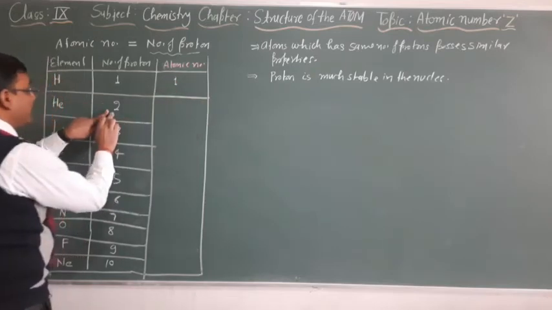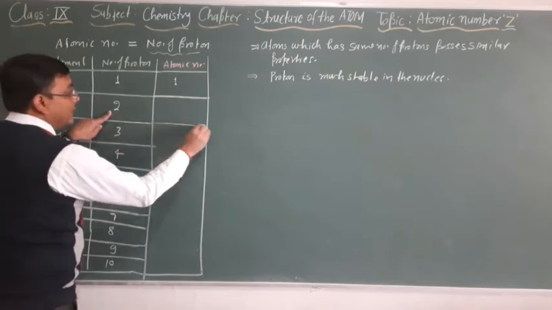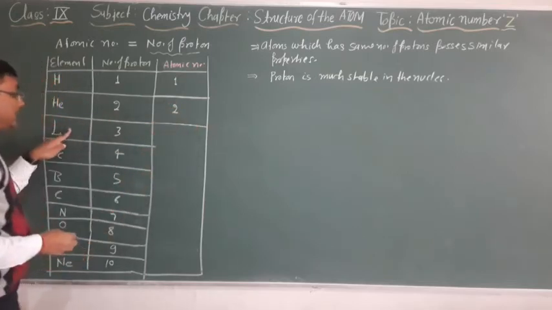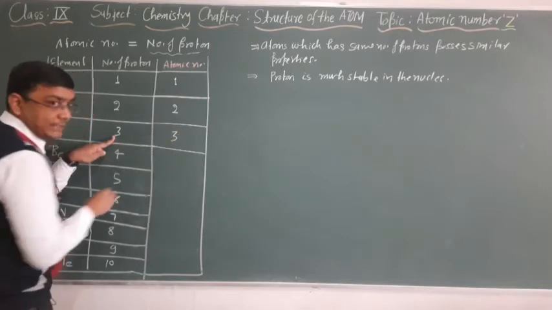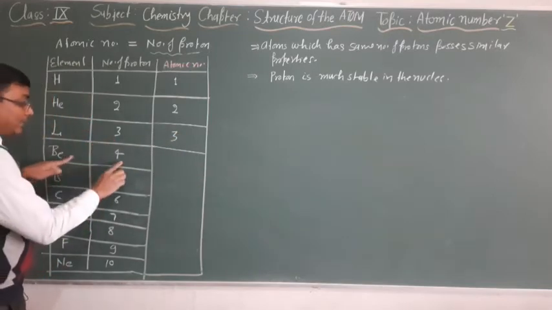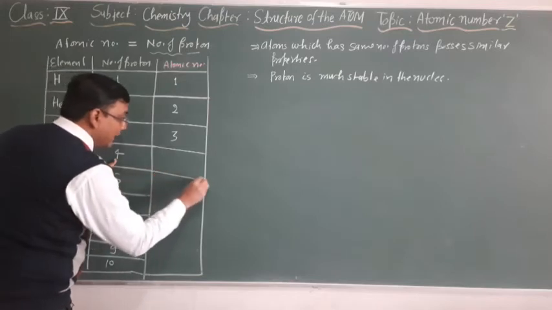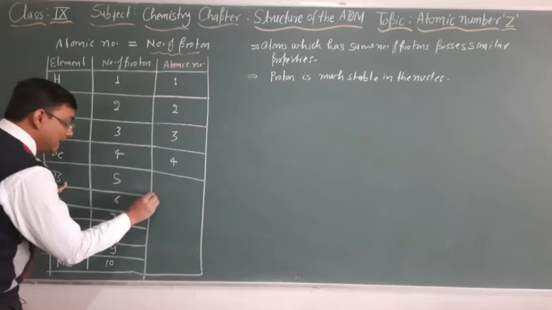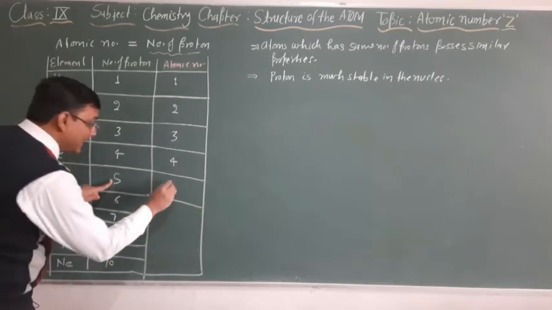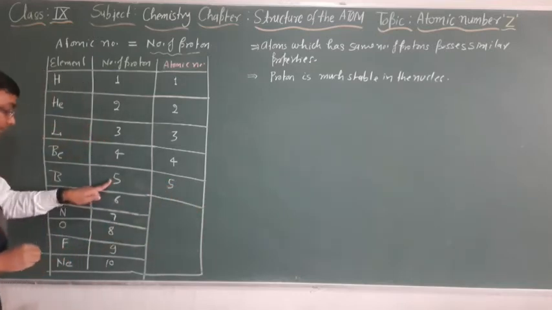Clear? Helium has number of protons 2, so I write 2. Lithium has number of protons 3, so atomic number 3. Beryllium has number of protons 4, so the atomic number is 4. Boron has number of protons 5. That's why the atomic number of boron is 5.